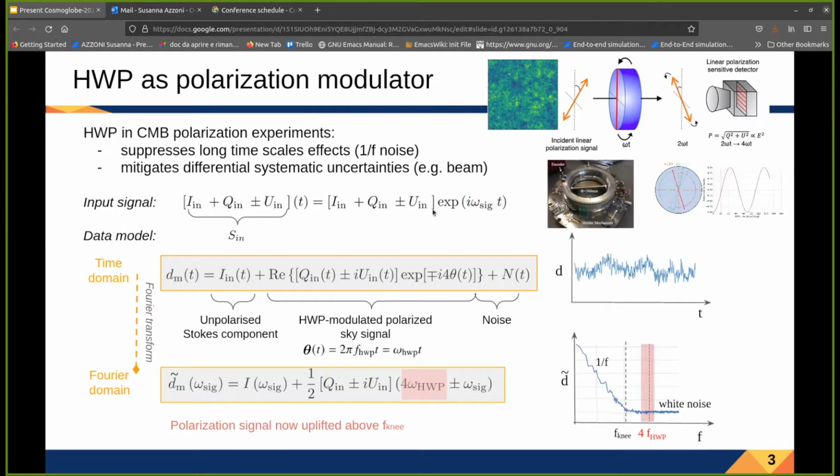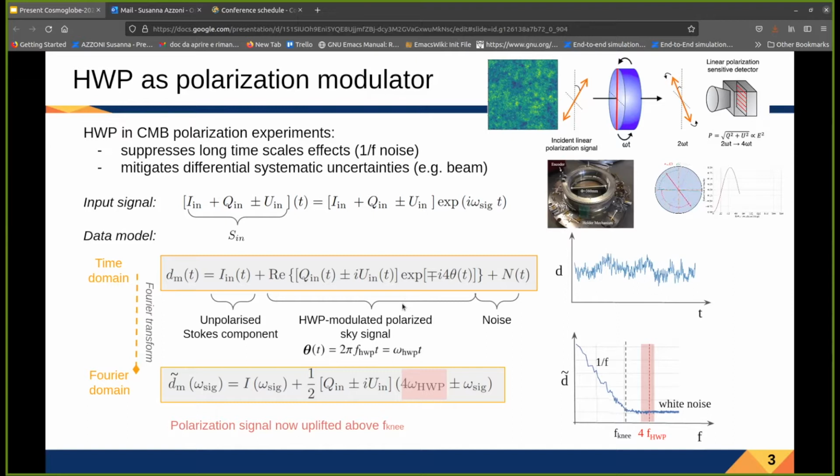So if we take the input sky signal described by the Stokes parameters, a continuously rotating half-wave plate modulates the polarized sky signal onto a detector, with output given by the expression here for D in time, which is called the time-ordered data, where the polarized sky signal is modulated by a modulation function here in the exponential, and theta is the half-wave plate rotation angle.